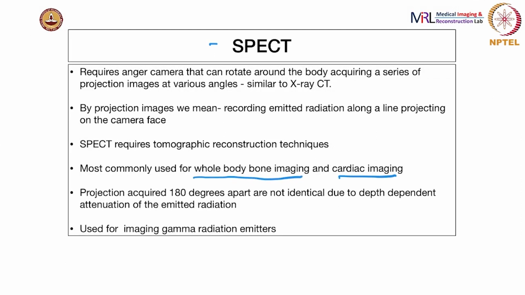Once again here the problem is that projections acquired 180 degrees apart are not the same, because there are two effects. One is depth dependent attenuation of the emitted radiation, and also distance to camera will vary. This is typically used for gamma radiation emitters. SPECT is very similar to CT in the sense that you rotate the camera and you measure the radioactivity along the line projecting onto the camera face.